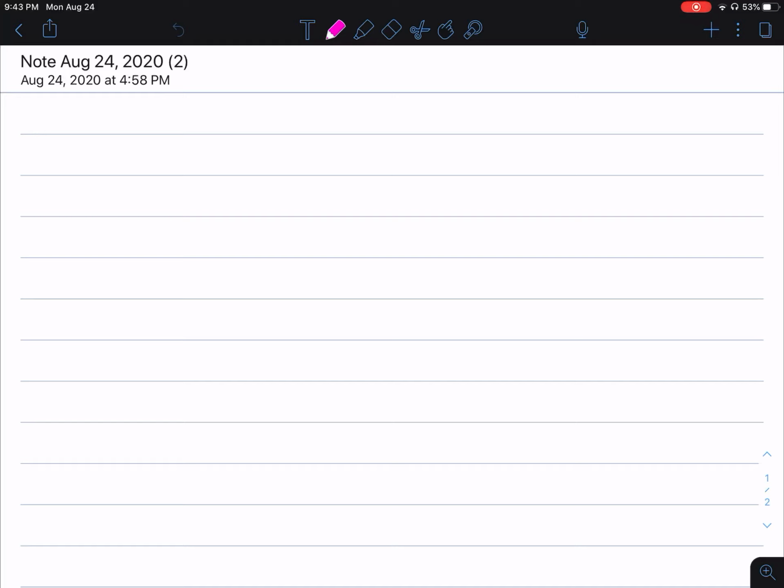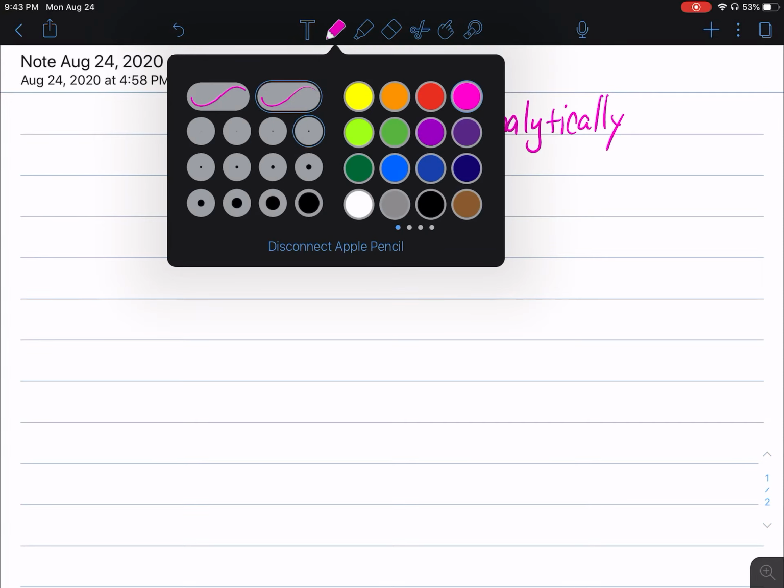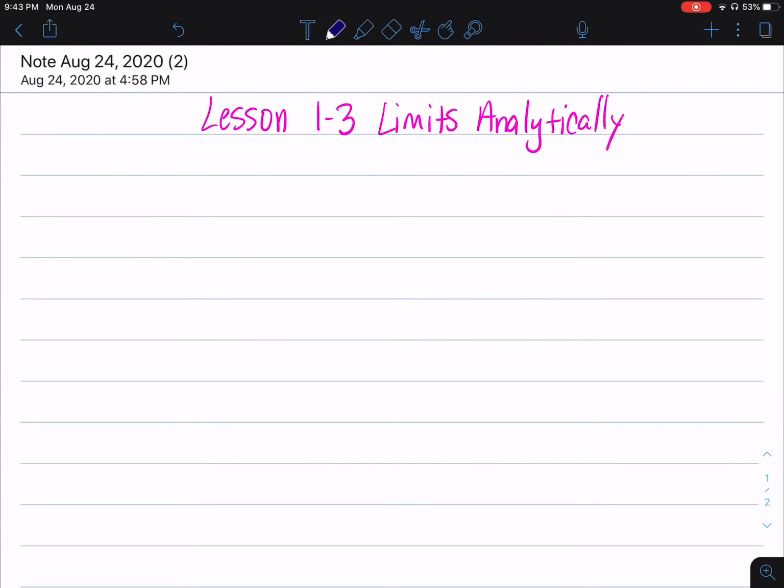All right, so we're going to go through lesson 1.3, limits analytically. Okay, so we're going to start, we've talked about limits, and we're going to look at the limit as x approaches 2 of x squared minus 4 over x minus 2.